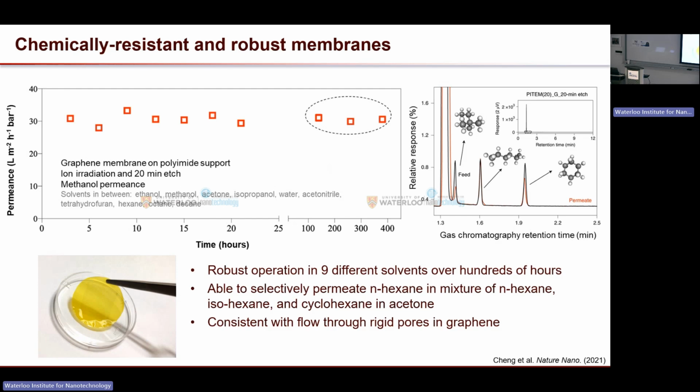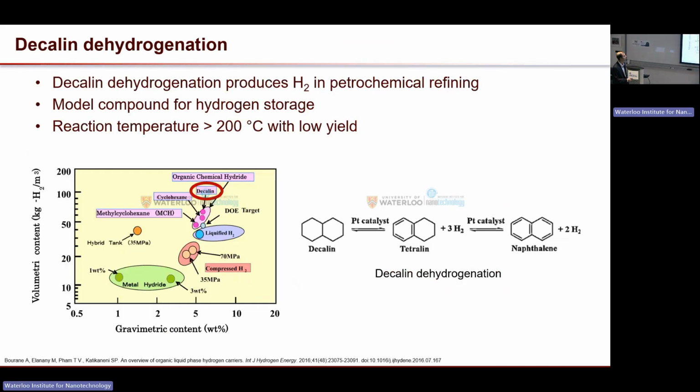And you can see that the linear alkane shows no rejection, but the cyclic and branched alkane basically show rejection. So again, it's consistent that this effect works even in the mixture. And these membranes have very, very low resistance to flow compared to other membranes that have selectivity at this kind of length scale. So it opens very interesting possibilities for efficient separations of different molecules.